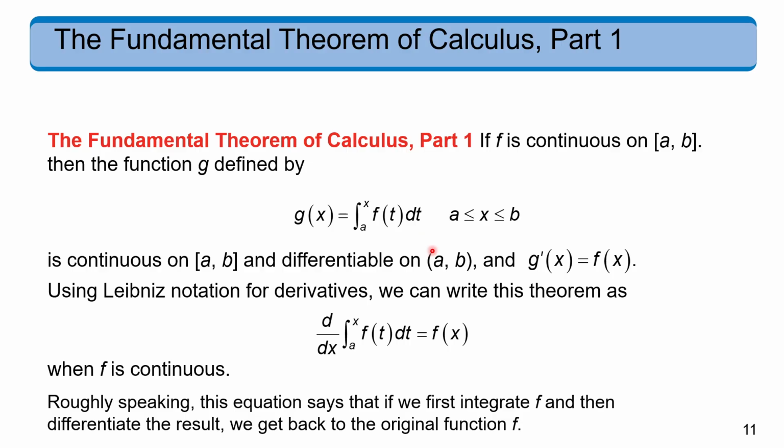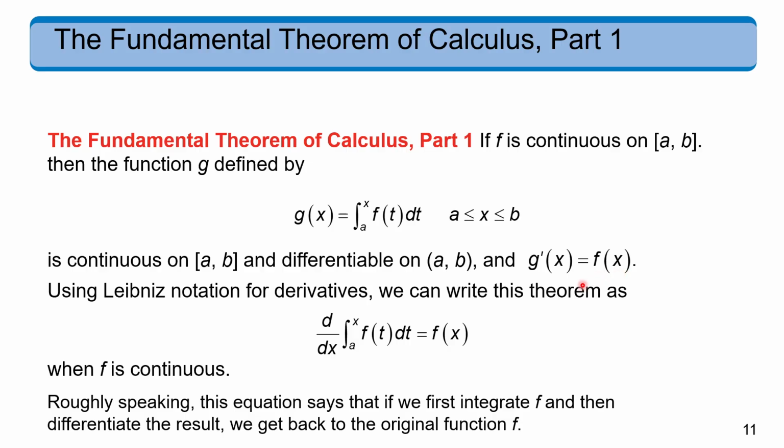Another way to express that is when you take the derivative of that function, you get f. There are some extra conditions here: this theorem is only true if we assume f is continuous. And the result is that this function g will be continuous and differentiable, and that g prime equals f.